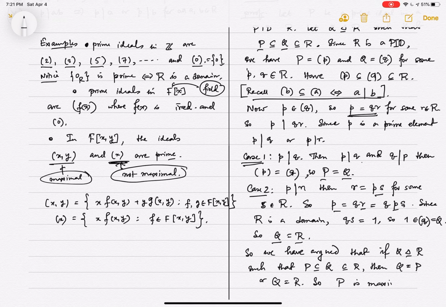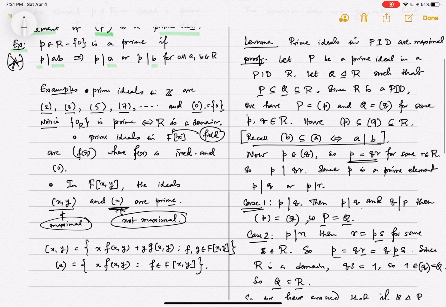There is nothing strictly bigger. So we'll start studying PIDs next, PIDs and unique factorization domains.